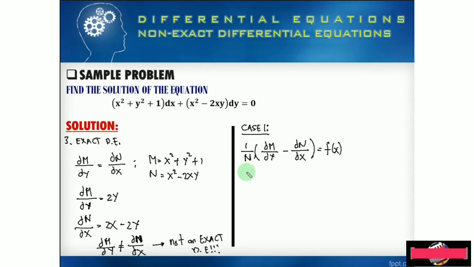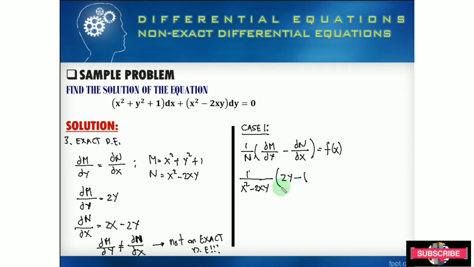And substituting now the value of our N, here is 1 over x squared minus 2xy, times this partial derivative of M with respect to y, which is equal to 2y, minus partial derivative of N with respect to x, this quantity.